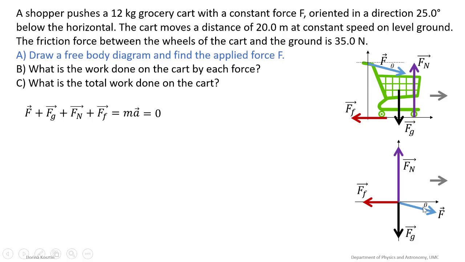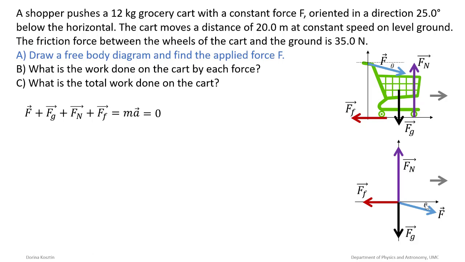This angle theta, though, is measured from the positive x-axis clockwise. What we need to identify is the angle made by the force F with a positive x-axis and measured counterclockwise. And that would be an angle of 360 degrees minus the angle theta.